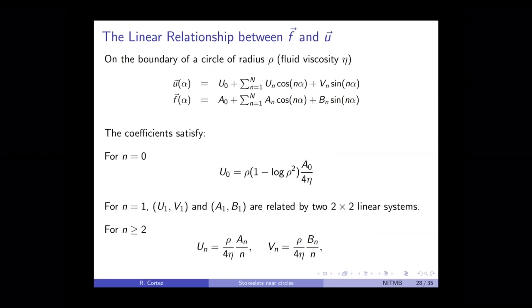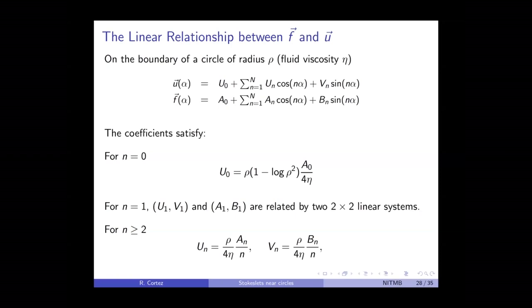And so we have the following result: if we have such expansions, and these are the coefficients, then the coefficients are related in a certain way. And if you look at the bottom line for n equals 2 or greater, these are just proportional to each other. In other words, the matrix that connects those coefficients is diagonal. For the most part. There's a couple of them that are related by a 2x2 block.